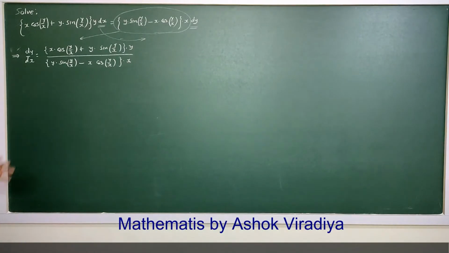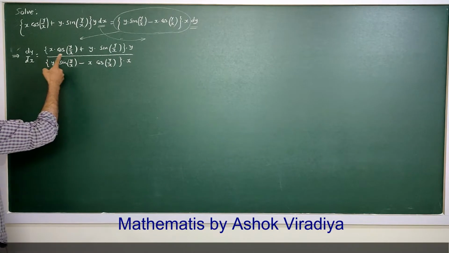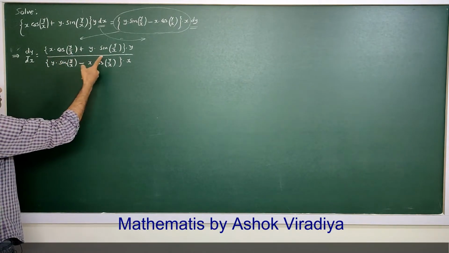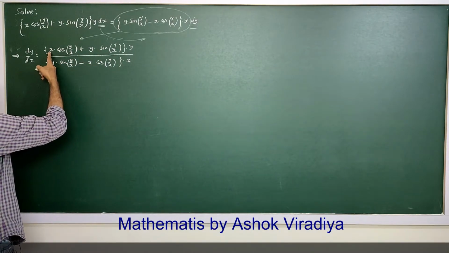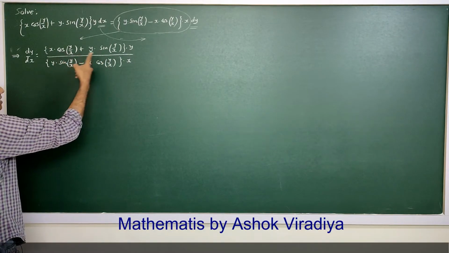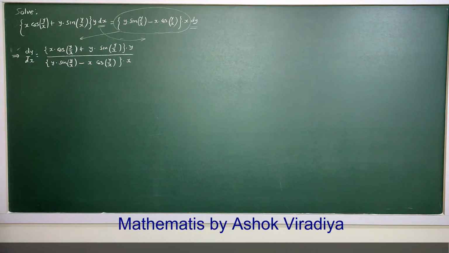So it is dy by dx. Now this equation I am dividing by this bracket. In this bracket I am dividing by x.